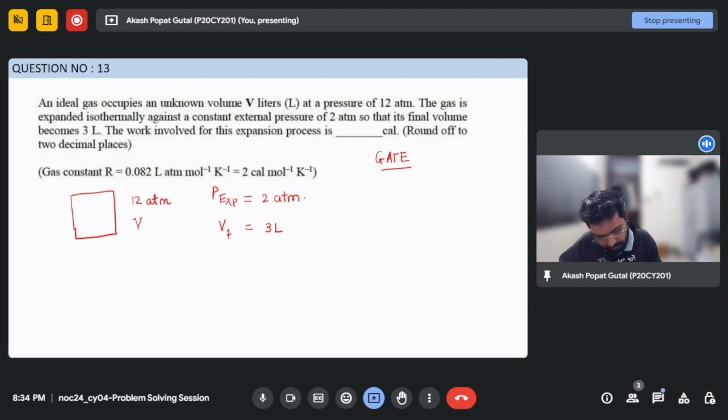So the external pressure, against which the gas does work, is 2 atm pressure.